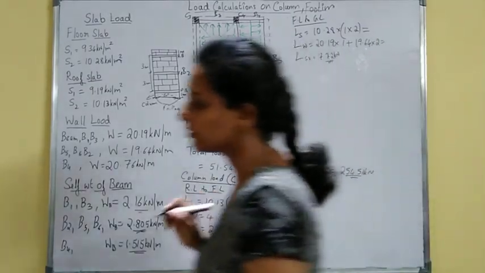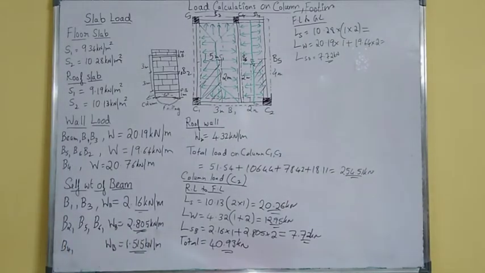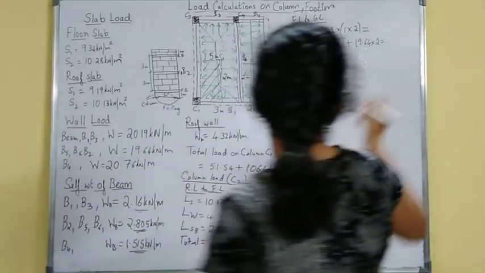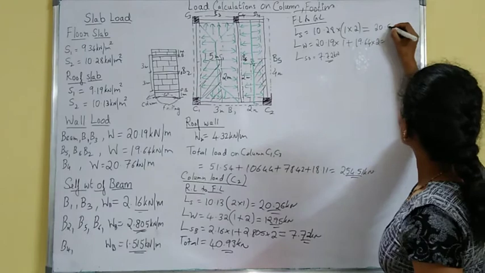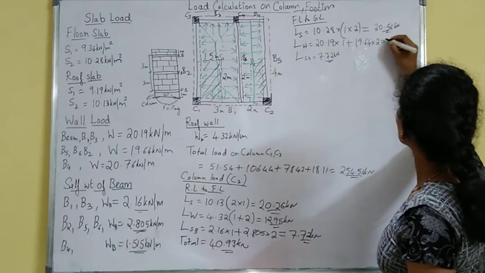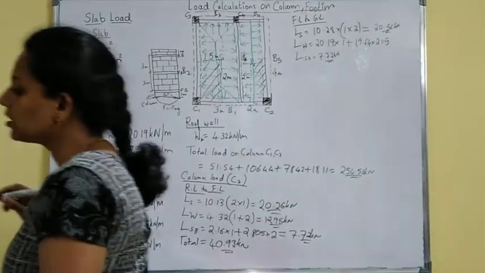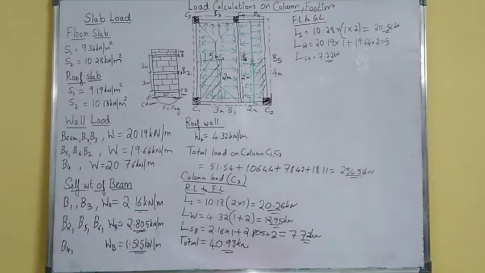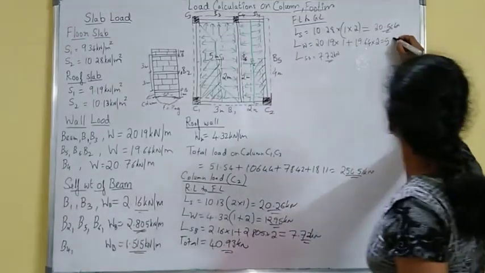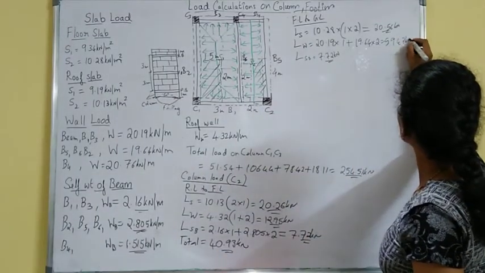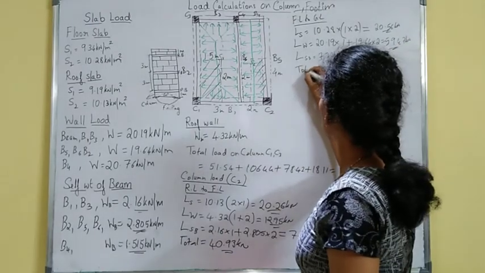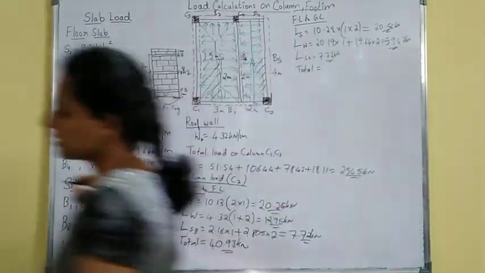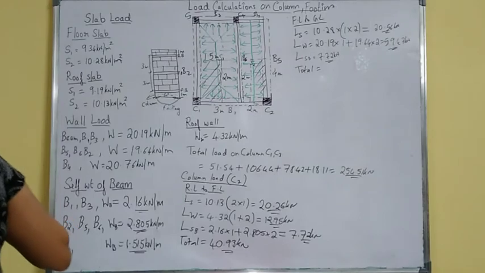Just calculate. We'll have 20.56, 50, 59.47. Calculate, get the value, total value, that is 87.75.